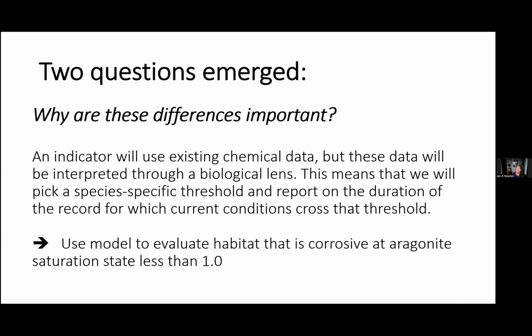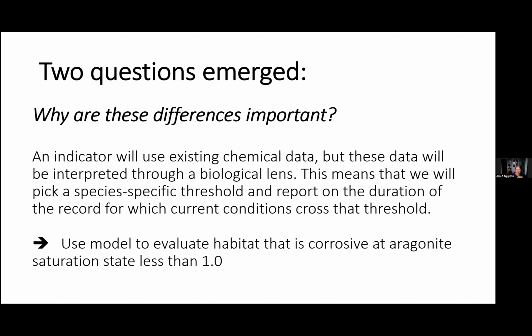The second one was, why are these differences important? What is it going to do to biology that exists in the ocean? And so even though we were going to use chemical data, we were going to view the chemical data through a biological lens. And when we first started out, we were thinking of a species-specific threshold and talk about the duration of the record for which current conditions cross that threshold.